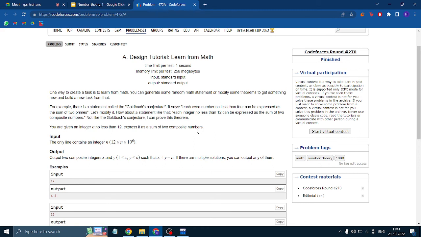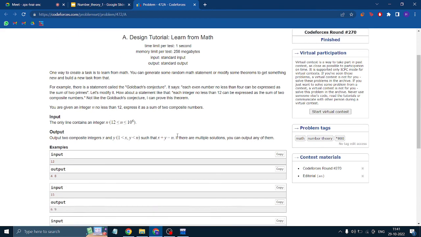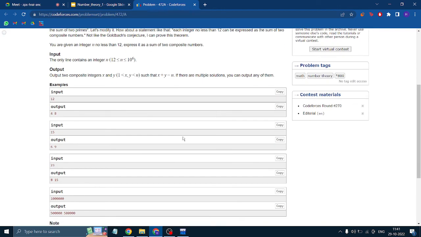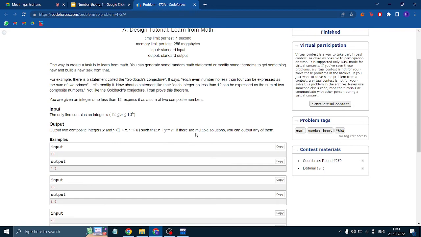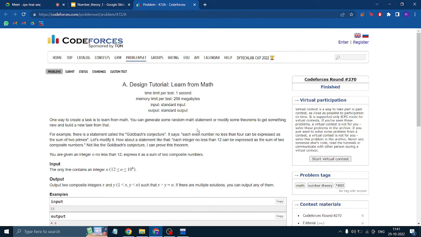Any doubt in the solution? So basically our final solution will be just checking: if n is odd, print n minus 9 and 9. If n is even, print n minus 4 and 4. Any doubts?